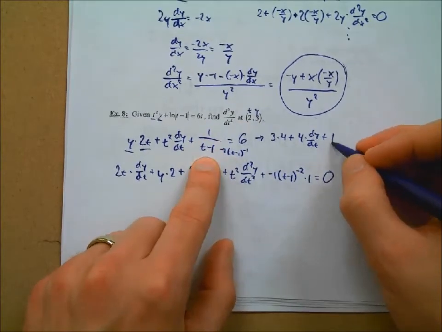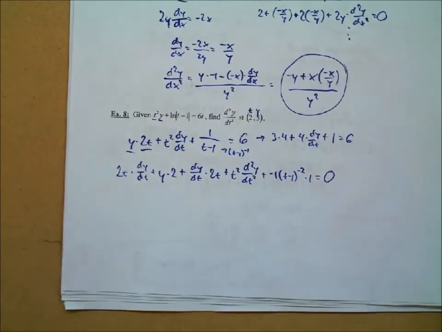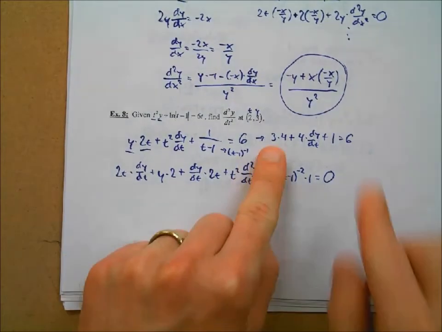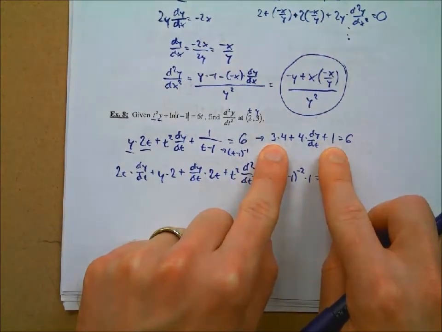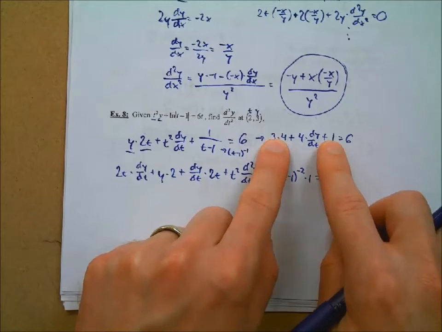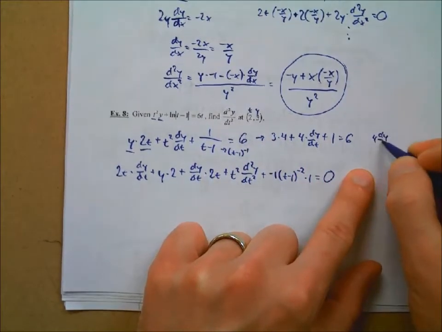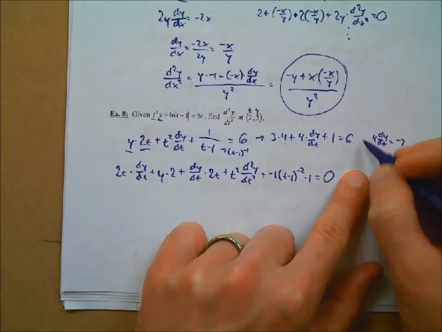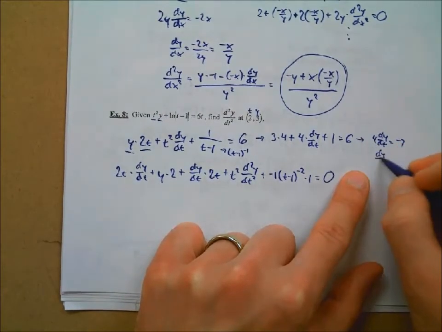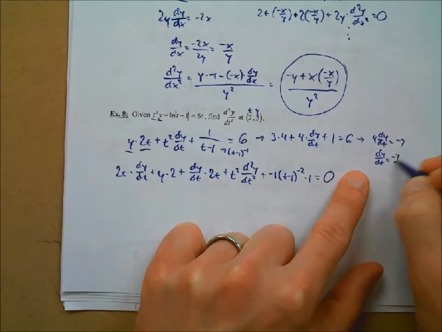And that equals 6. Okay, so this is 12 plus 1, which is 13. Take that 13 away from 6, it's going to be negative 7. So we get 4 dy over dt equals negative 7. And so we get dy over dt equals negative 7 over 4.